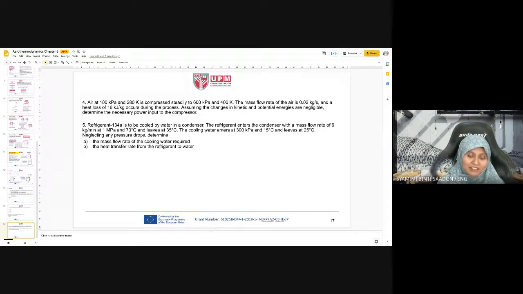So you have to understand that. When you understand that, it means the process that occurs in the condenser, evaporator, etc. is like a heat exchanger process. So that's why in the chapter 6 slides, we don't have specific theory or specific equation about condenser or evaporator, because those are types of heat exchanger.